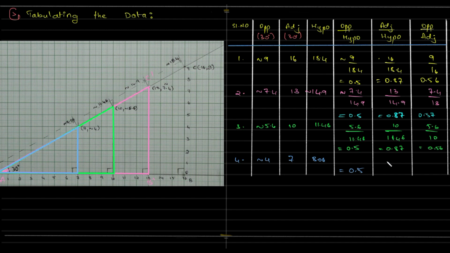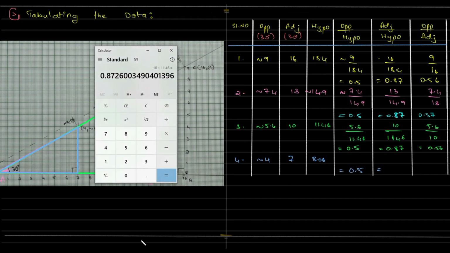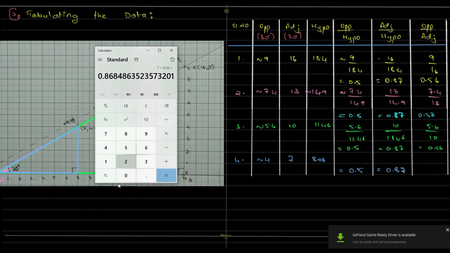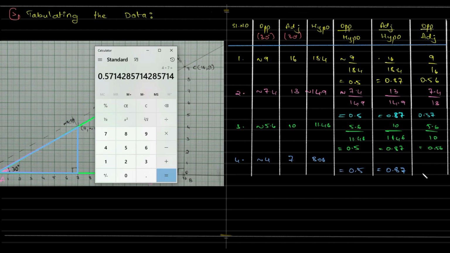Again, approximate. 7 divided by 8.06, 0.87. And last it is opposite 4 divided by adjacent 7, 0.57.